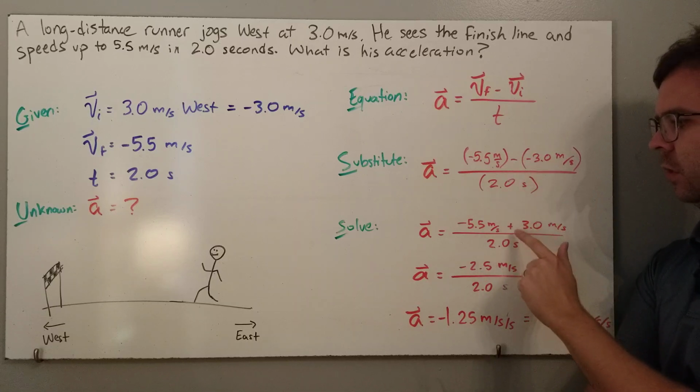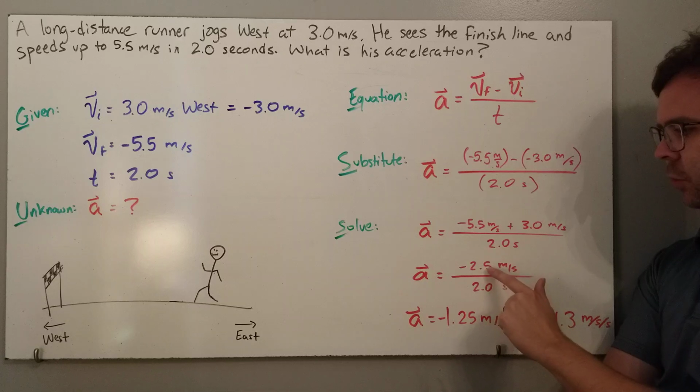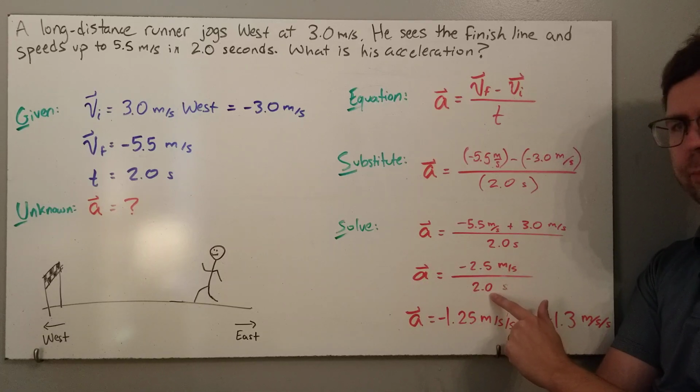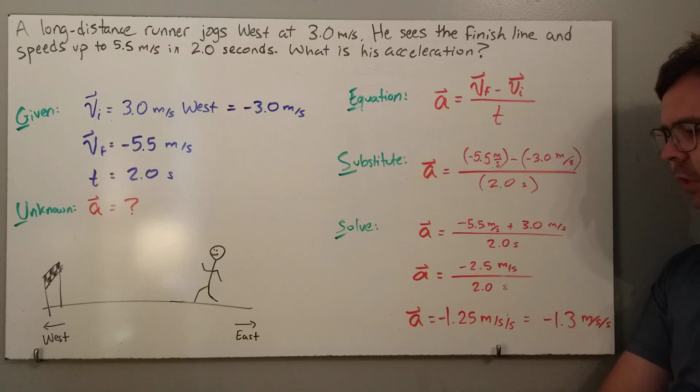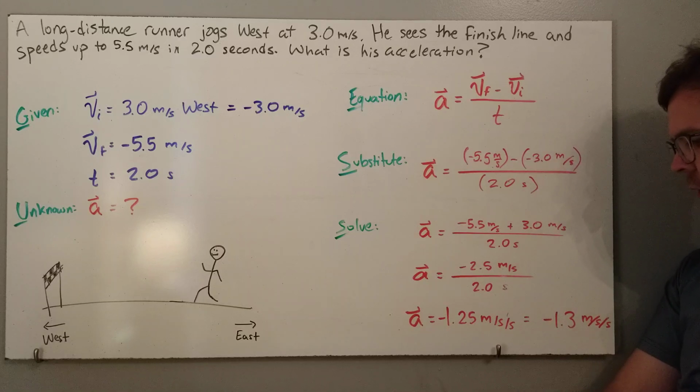So two negatives make a positive. So we end up with, add those together, negative 2.5 meters per second as our change in velocity, and our time was 2.0 seconds. So our acceleration at the end here is negative 1.25 meters per second squared, or negative 1.3 meters per second squared if you round it to the appropriate number of sig figs.